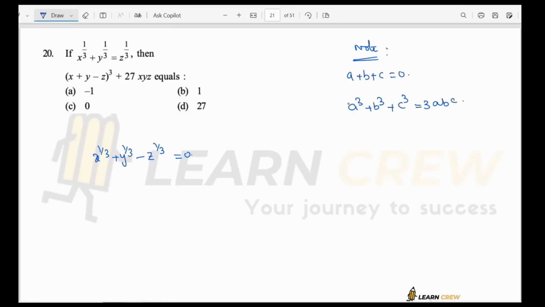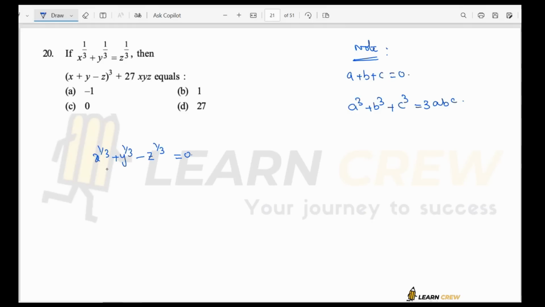If A plus B plus C is equal to 0, then A cube plus B cube plus C cube is equal to how much? 3ABC. Now please observe here, x power 1 by 3 plus y power 1 by 3 is how much? Z power 1 by 3.